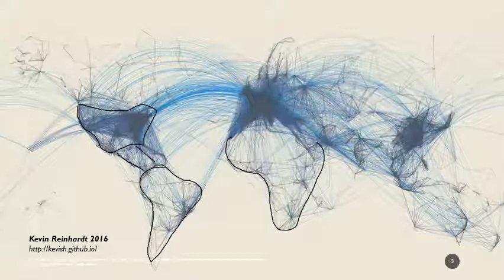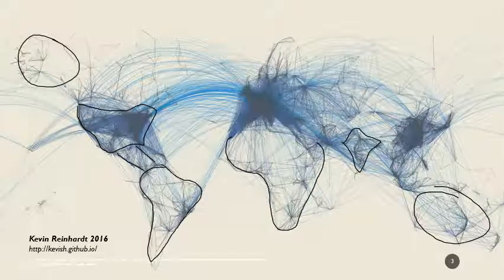Over here we can see India and Australia down here, and even Alaska up here. So what this image is showing us is actually a world map that is visualized just using flight patterns.